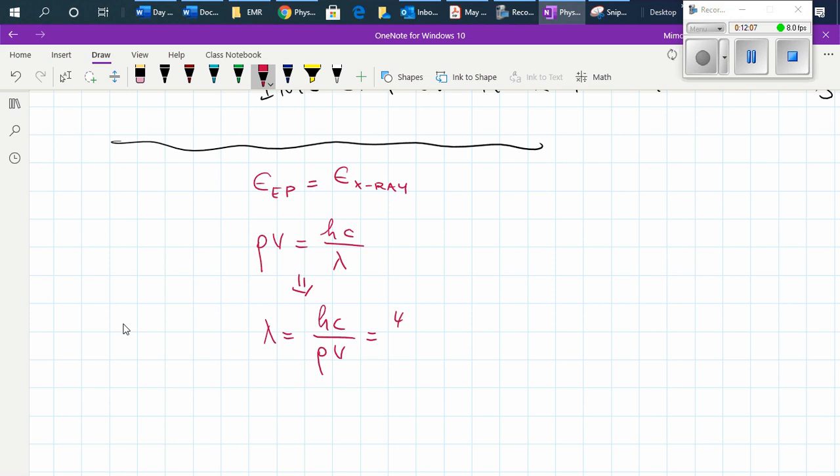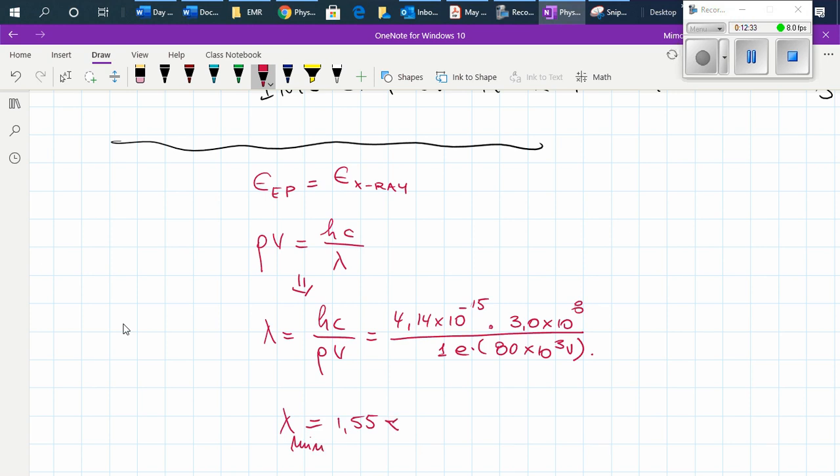This will be 4.14 times 10 to the negative 15 times 3.0 times 10 to the power of 8 over 1 electron times 80 times 10 to the power of 3 volts. So the wavelength will be 1.55 minimum, and this is minimum, times 10 to the power of negative 11 meters, or 155 nanometers.